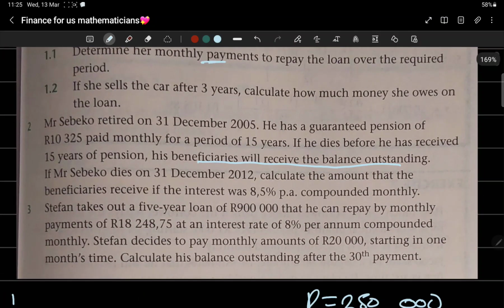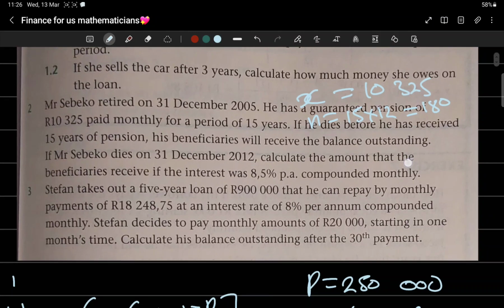Yes, x is given as 10,325. And for a period of 15 years, n equals 15 times 12 months, because he was getting it monthly, so it was 180.